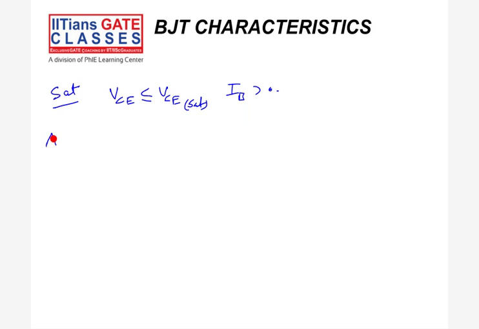And next is the active region. That is the important region for any common emitter configuration. So in the active region, the graph which lies above IB and to the right of VCE saturation means IB will be greater than 0 and VCE will be greater than VCE saturation.